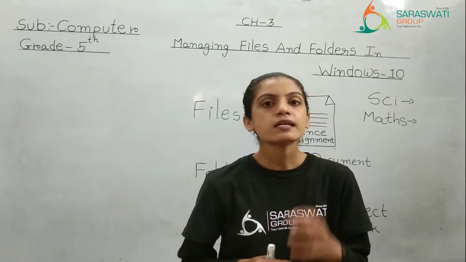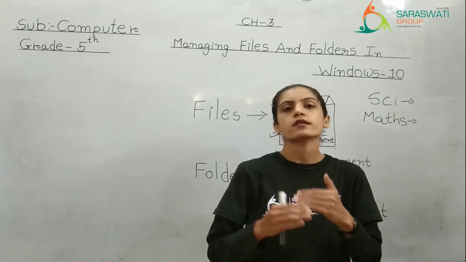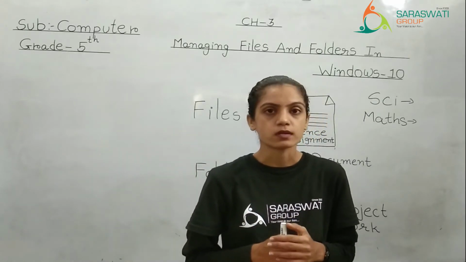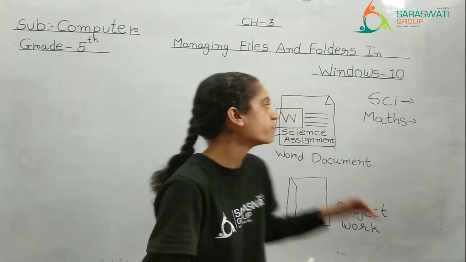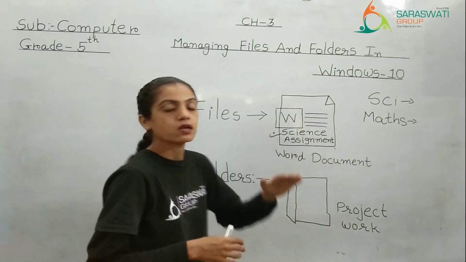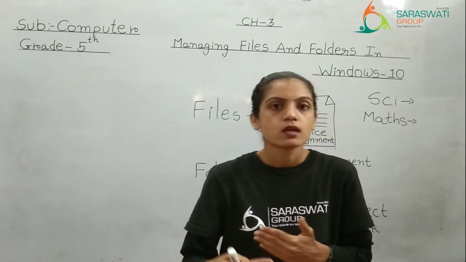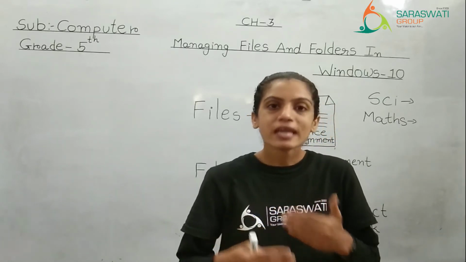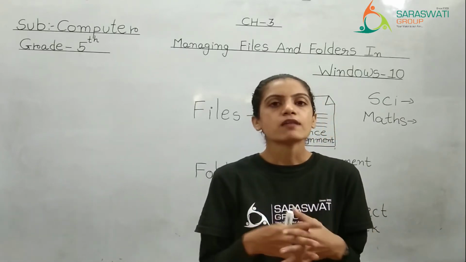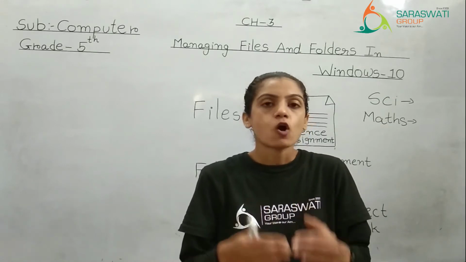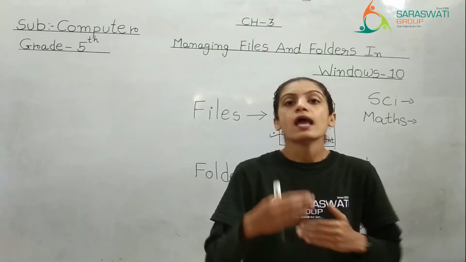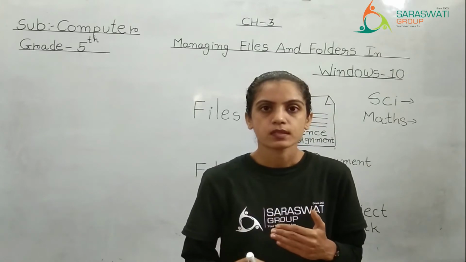So that single data will be stored on the hard disk of a computer as a separate file. Suppose one file is music, one file is a drawing, one file is text, right? So we can say each is saved on the hard disk of a computer as a separate file.